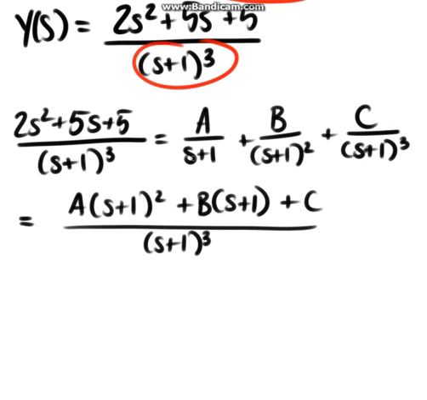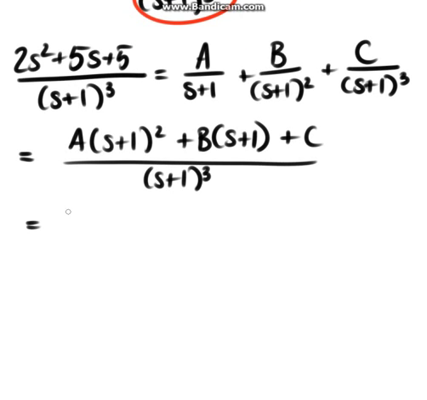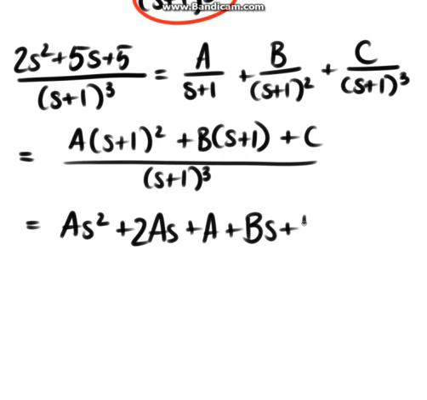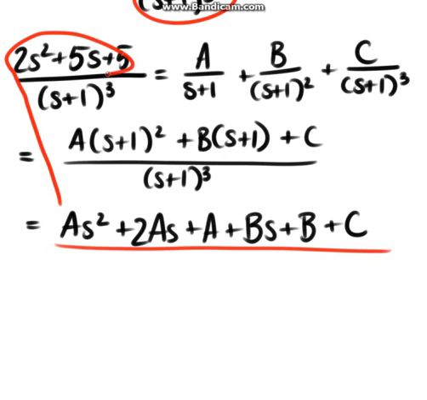And reducing and cleaning this up, this is equal to A s squared plus 2A s plus A plus B s plus B plus C, and this side corresponds to this.